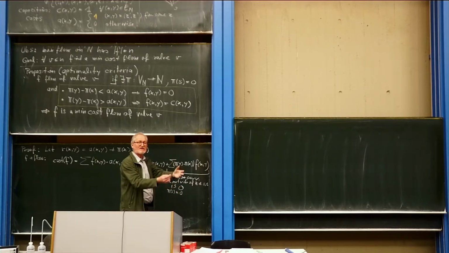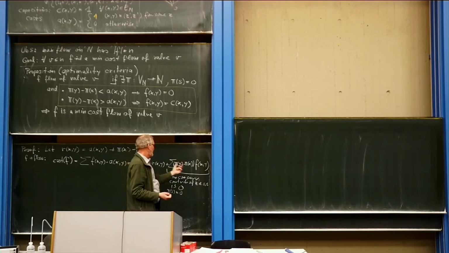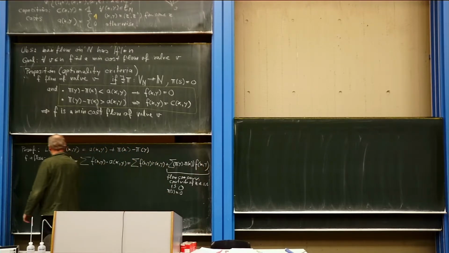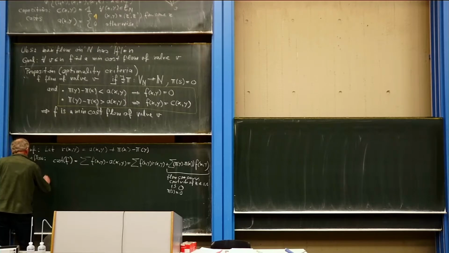And every unit of flow is ending in t. So the pi of t is multiplied by the total flow. Okay, so this right-hand side contribution is equal to pi of t times the flow.